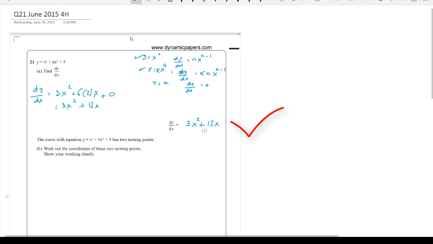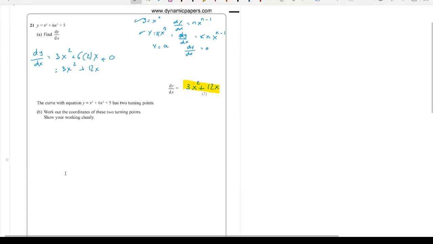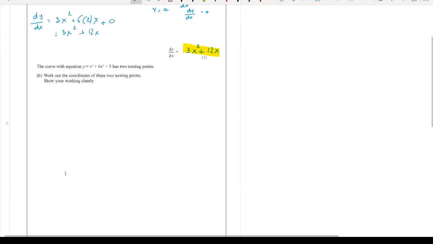So the first part of the question is answered. Now we go to the second part. The second part says that the curve x cubed plus 6x squared plus 5, which is the same as part A, has two turning points, and he wants to know the coordinates of those turning points.